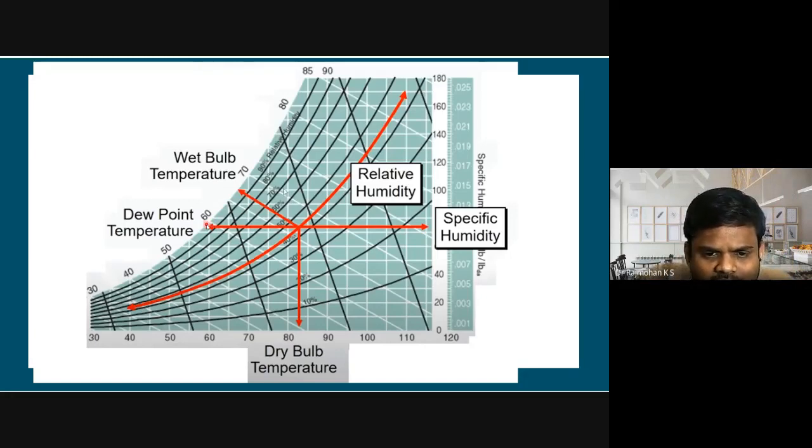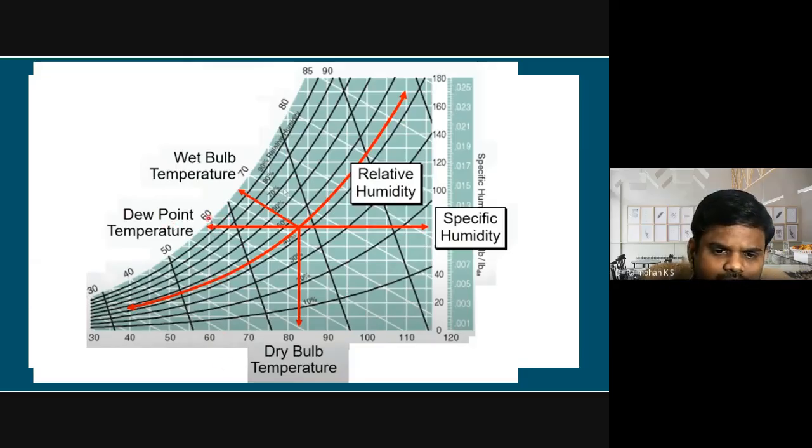Then what will happen? Condensation will begin, right? So that is the dew point temperature. The corresponding temperature at 100% saturation is our dew point temperature, which we can take from the same x-axis scale. So the temperature corresponding to the 100% saturation line for any particular humidity is called the dew point temperature.